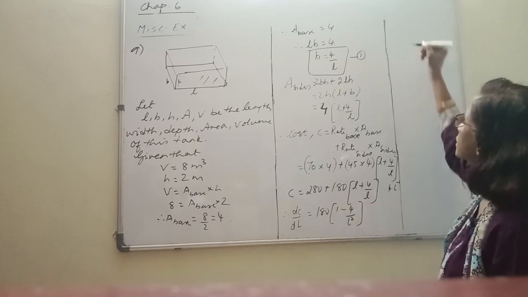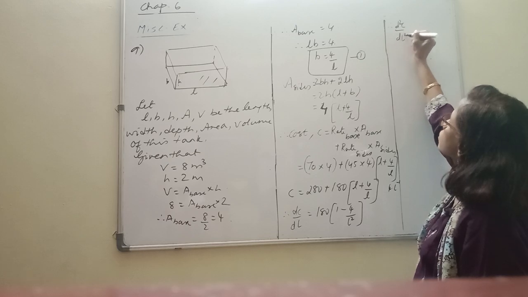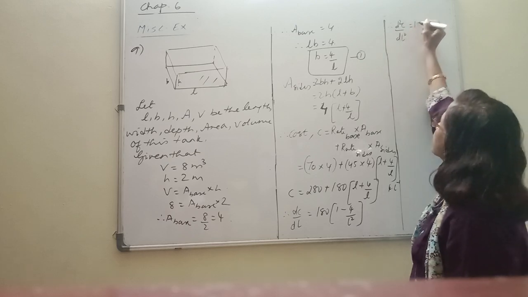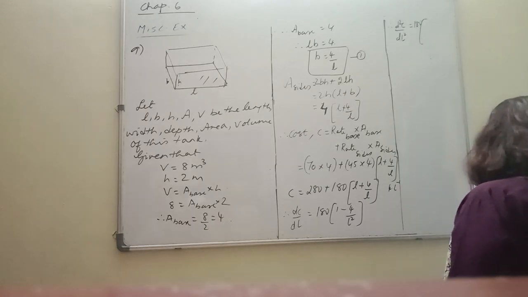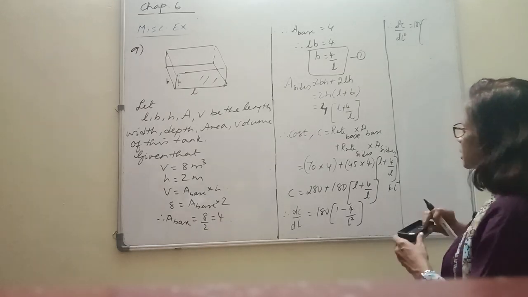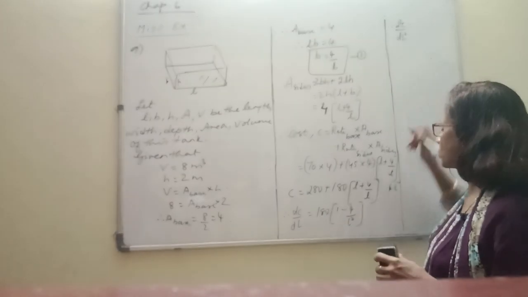That's our first derivative. We require the second derivative also, d squared C by dL squared. Let's see what it is. It's 180 times, the first term will not have any derivative. So let's go to the next term.